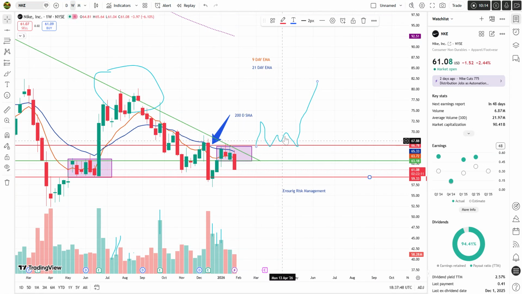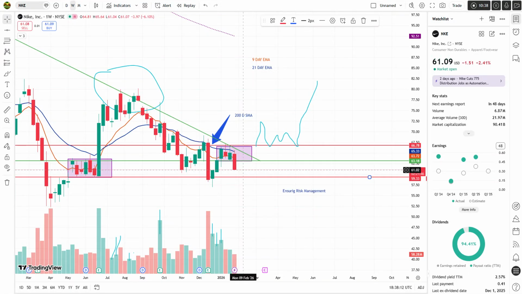maintain its support, as you can see on my drawing here. It needs to come up, maintain support here so we can know, okay, buyers are in control at this area. If it comes up here, then you'll know your stop loss has to be here, because if it breaks that area again, this is going to be the same predicament that you're going to go through.